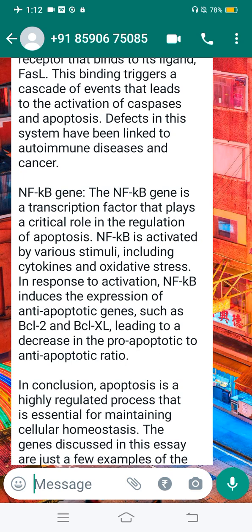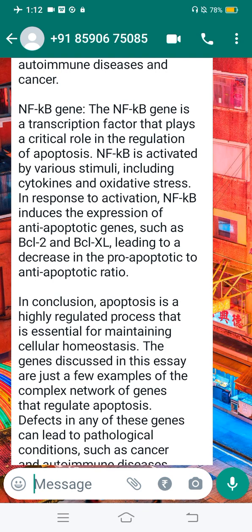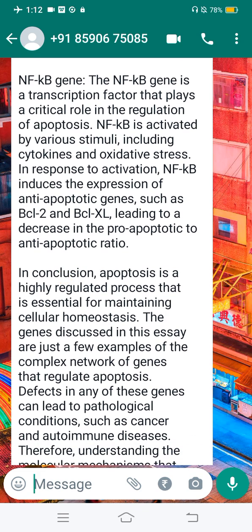In response to activation, NFKB induces the expression of anti-apoptotic genes such as BCL2 and BCLXL, leading to a decrease in the pro-apoptotic to anti-apoptotic ratio.